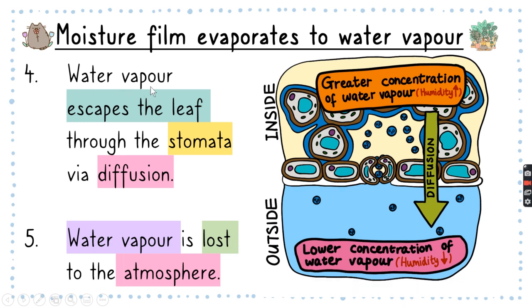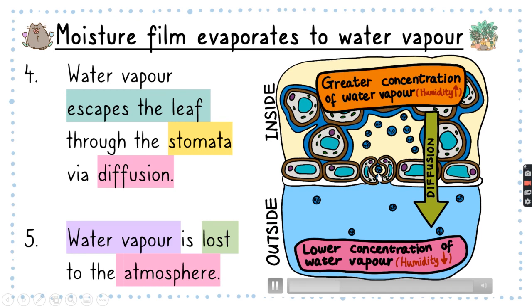Okay, so as the water vapor escapes the leaf through the stomata, the water vapor can only exit because there is this pore. Otherwise, everything else is blocked, and there is also the waxy cuticle that prevents water from entering or exiting.